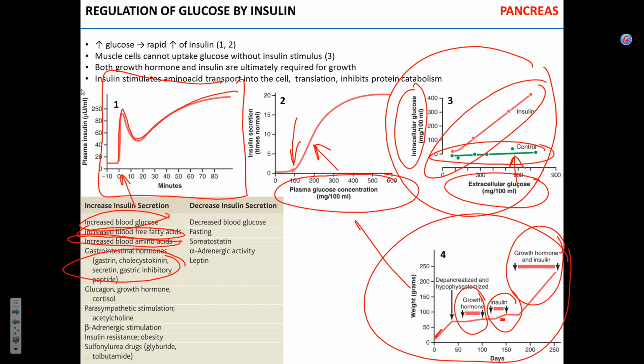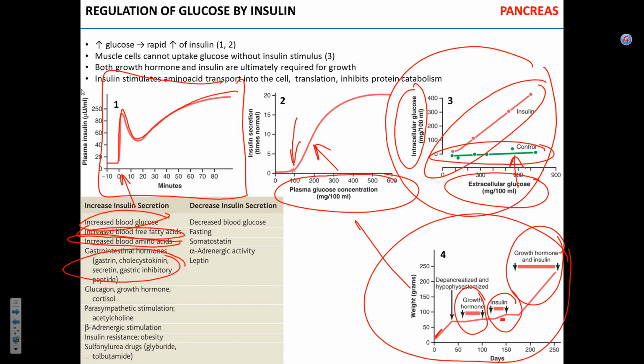Insulin stimulates the uptake of amino acids in the cell, and growth hormone stimulates the synthesis of proteins from these amino acids. Does that make sense to you? And in fact, in athletes' diets, if you look at bodybuilders, they carefully balance exercise and intake of carbohydrates.